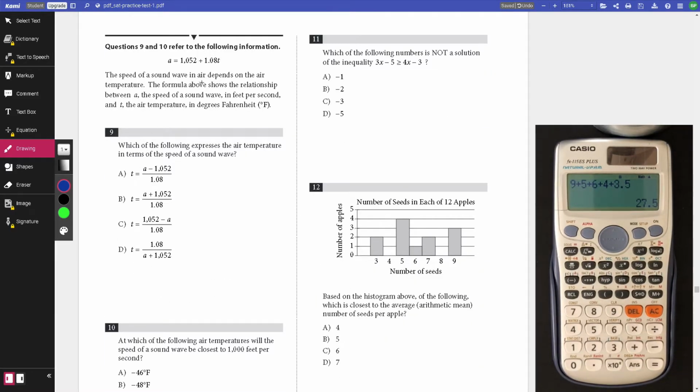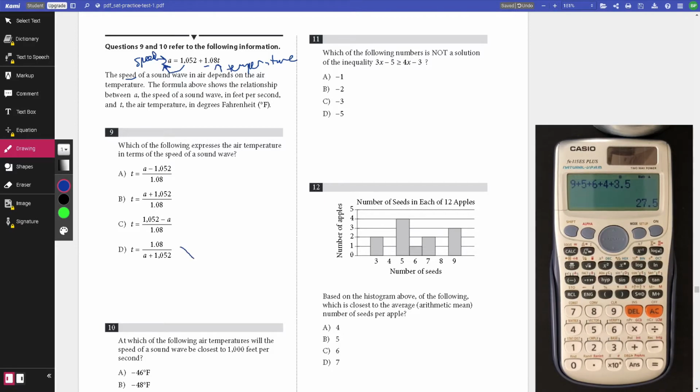So we're given this equation. A is speed, and then T is temperature. So this question is pretty simple. It's just solving for T. So we would subtract this to that side and then divide on both sides.